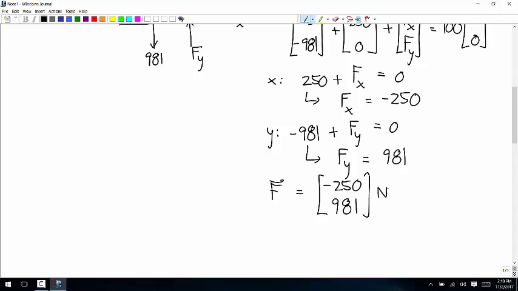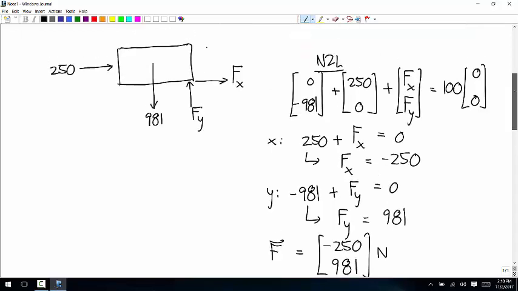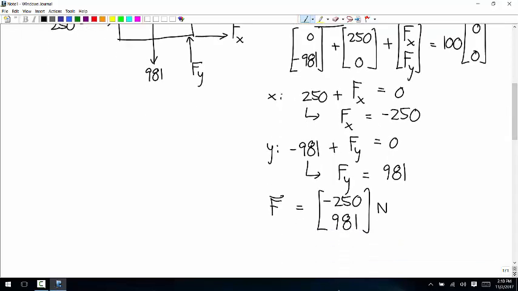And then it asks, okay, so this 981, this upward force of 981 newtons, that's the normal force we include in all these problems. And then it asks, what physically would apply that x component of the force? And in this case, that's the friction. It's static friction, which we haven't really done any problems with.